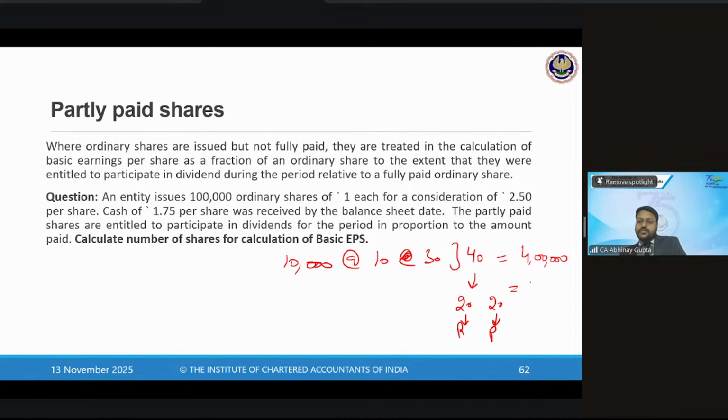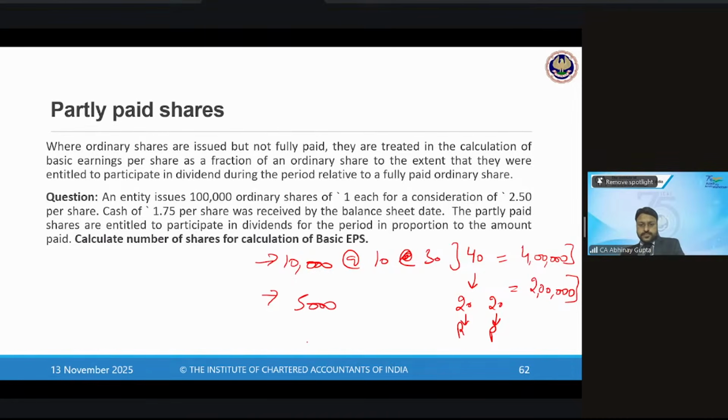Then how much cash has the company received? 2 lakh. Yes, 2 lakhs. So instead of receiving the 4 lakh, the company has only received 2 lakh. Now, because the company has received only 2 lakh against 4 lakh, can I say the partly paid shares 10,000 are equivalent to fully paid shares 5,000?